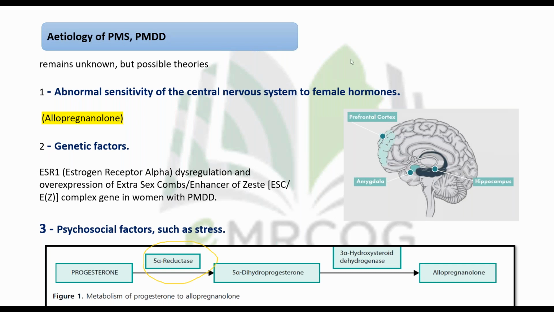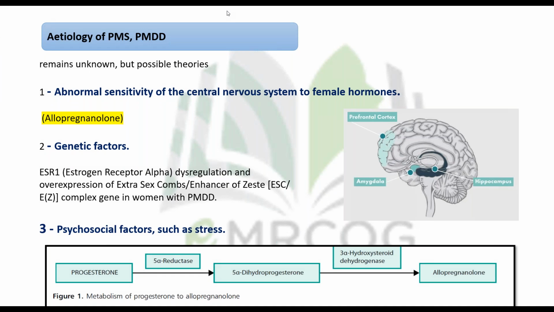So it's logical that we use this information and provide a 5-alpha reductase inhibitor, something to block this step, so we prevent the synthesis of allopregnanolone. Does it make any sense to you? Yeah, it makes sense, but it's still under research. So the use of 5-alpha reductase inhibitors is still under research.